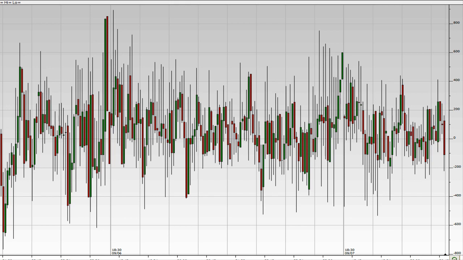So, for example, taking a look at this candle right here that's sticking up, you'll see this line is 800, so this is slightly below it. It's around 750. So at this given moment in time, there were 750 more stocks being bought on the offer than there were being sold on the bid.